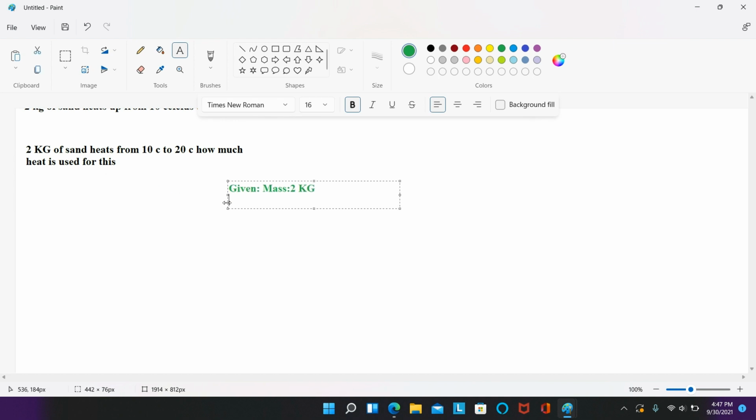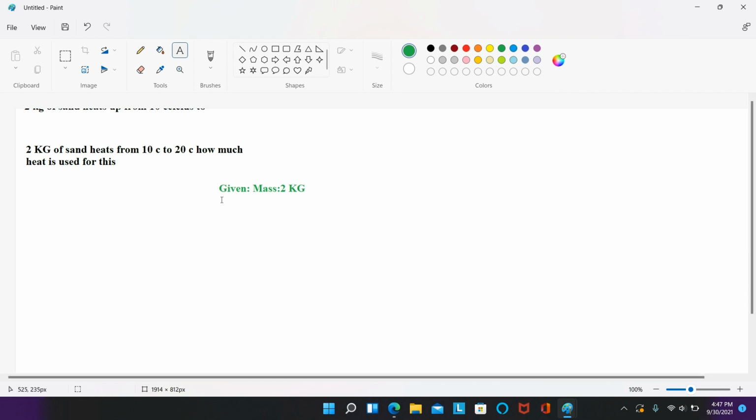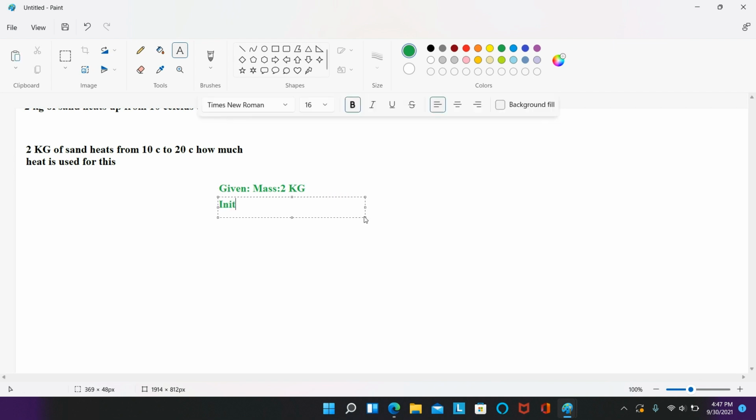You also know that the initial temperature is 10 degrees Celsius, whilst the final temperature is 20 degrees Celsius, right?